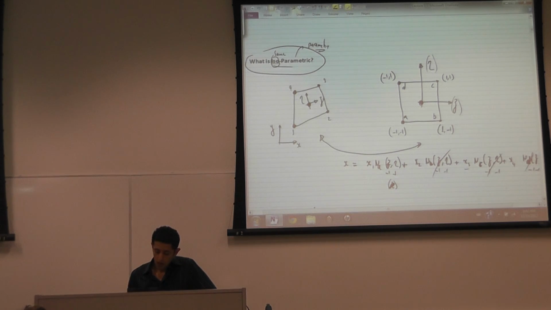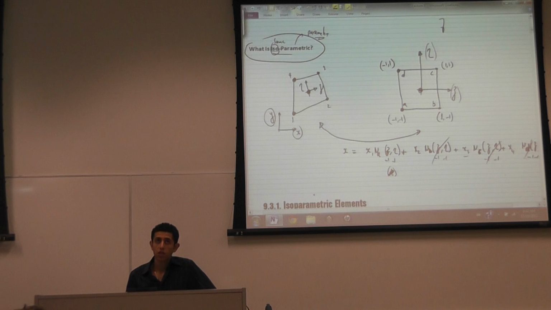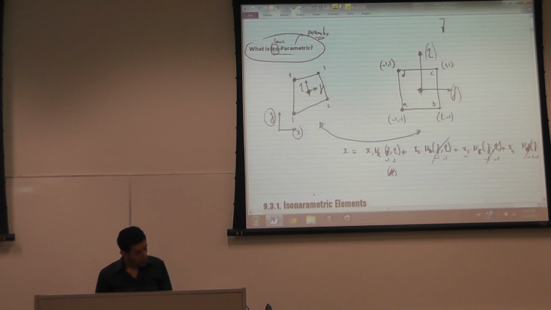By using this, I am able to change the coordinates, and instead of performing the integration on x and y, I can perform the integration on this beautiful domain from -1, -1 to 1, 1. And not only this, the integration will be done in a numerical way, and we'll talk about the numerical integration in a second.